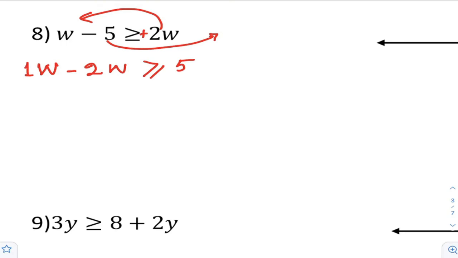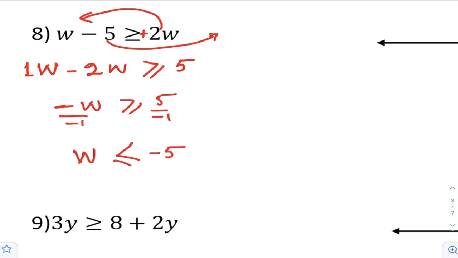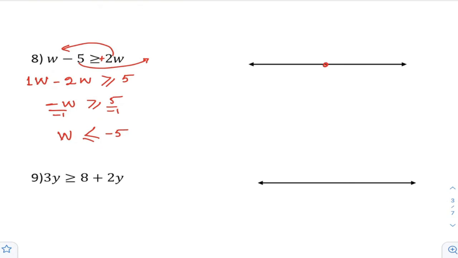Now 1W minus 2W is negative W more than or equal to 5. I need W. So I will divide by negative 1. It will be W, and I will switch the sign of the inequality, and it will be less than or equal to negative 5. Close circle at negative 5 and to the left.